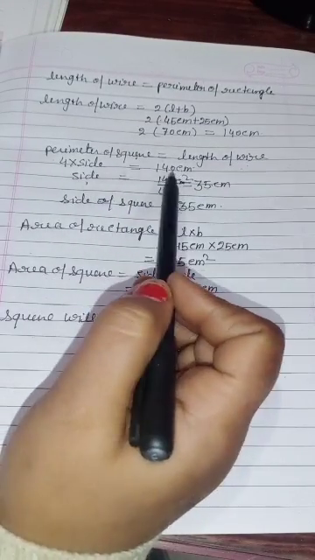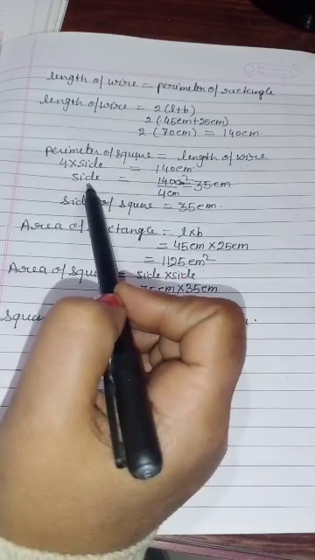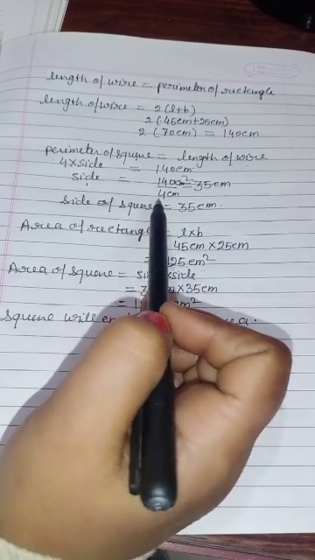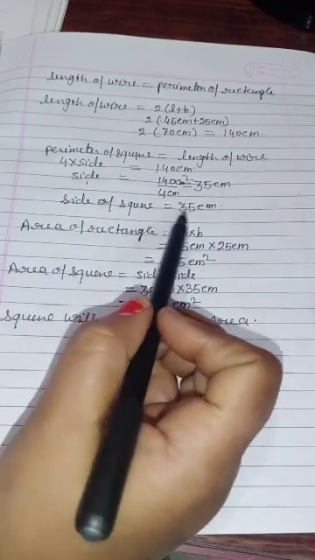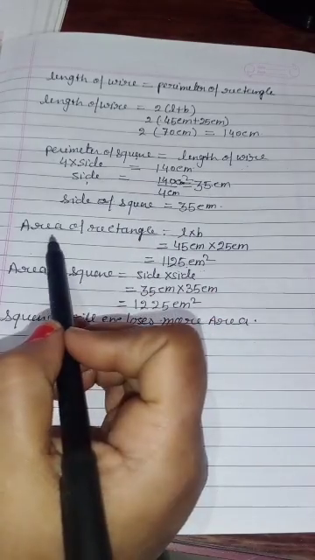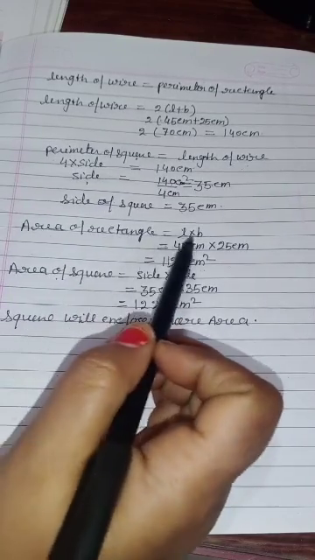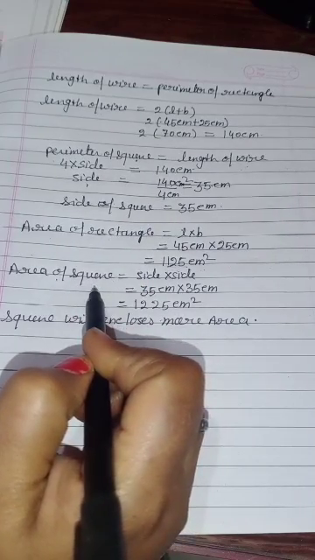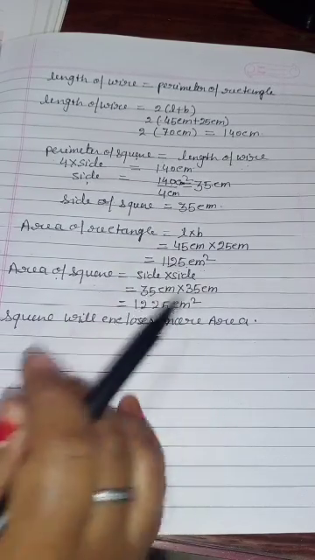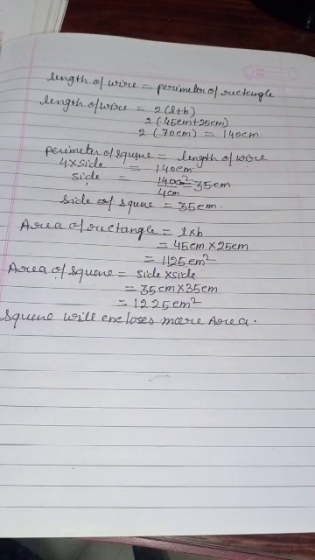So 4 into side is equal to the perimeter, which was coming 140 centimeter. In this way the side will be 140 divided by 4, that is 35 centimeter. Now we have the side of the square and also the sides of the rectangle. We will calculate the area of the rectangle as well as the area of the square, and then we will compare which figure encloses more area. Okay, in this way till question number 5 we have completed.